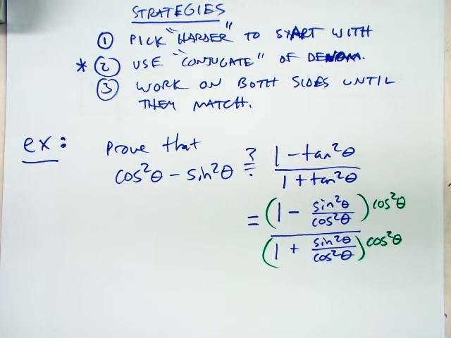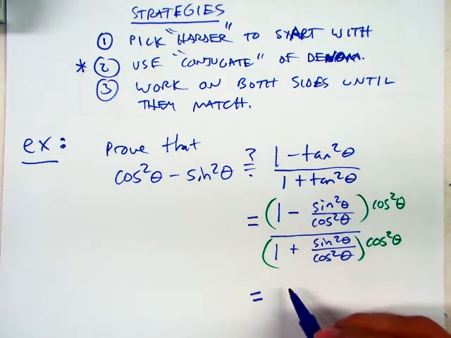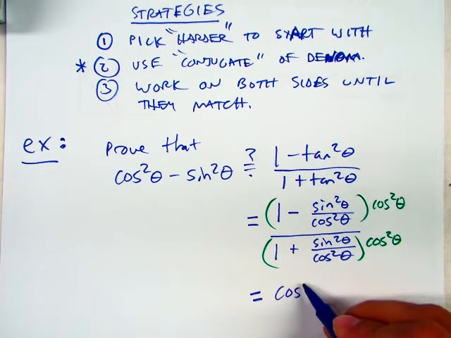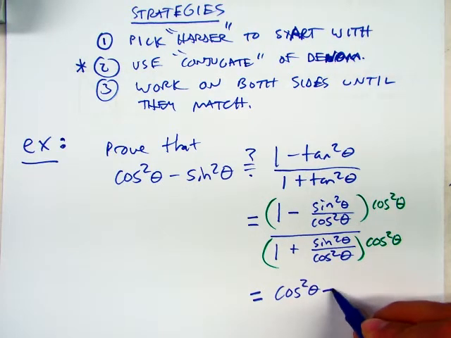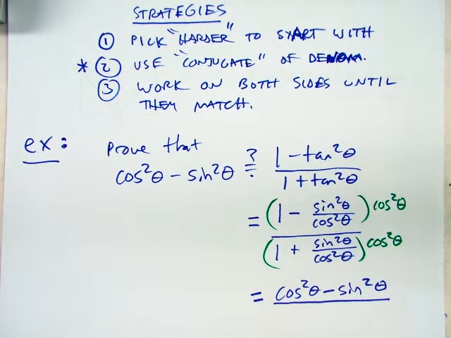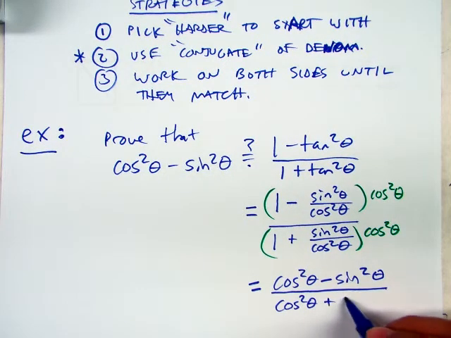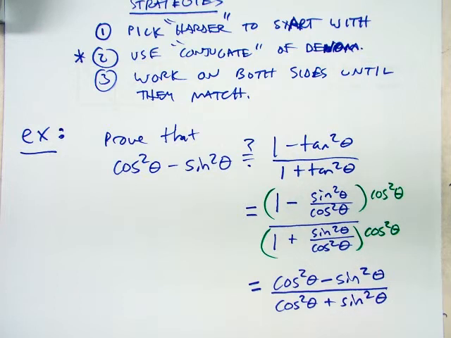And after we do that step, now we get what on the top? Cosine squared minus sine squared. Very good. Over cosine squared theta plus sine squared theta. Look, we're almost there.